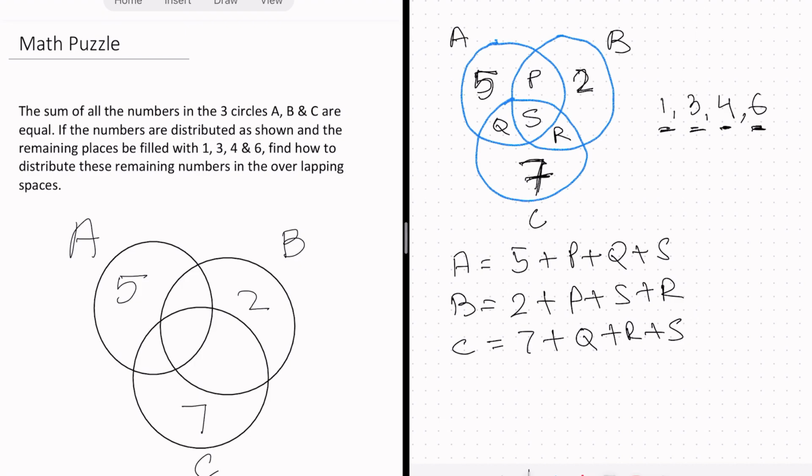In other words, 6 would not be part of circle C. So the only portion which is not part of circle C is P. So let's assume that P is equal to 6.